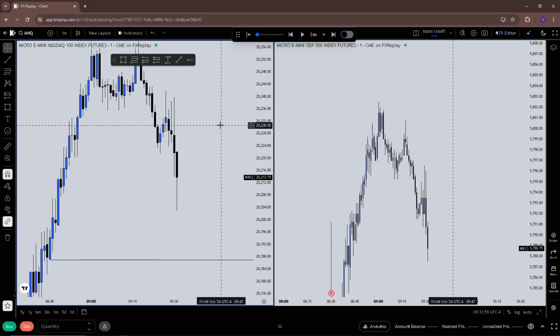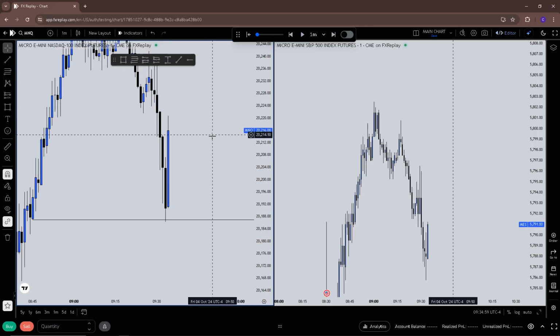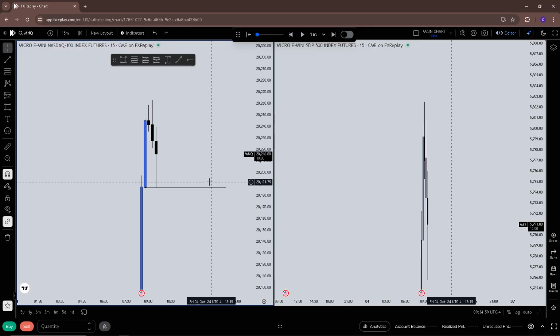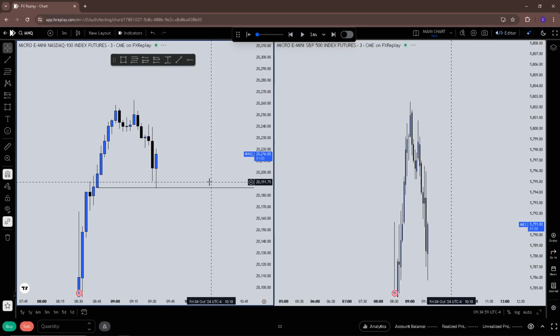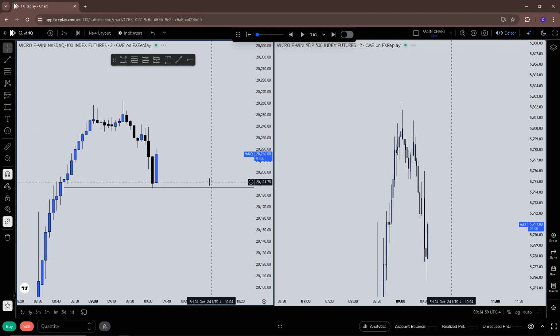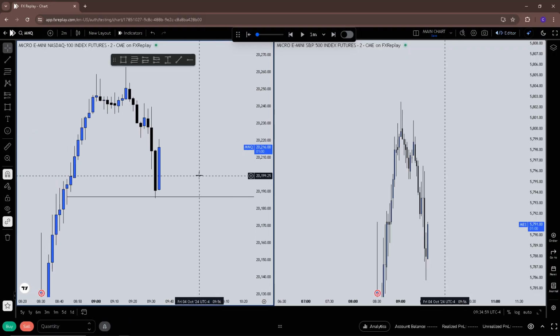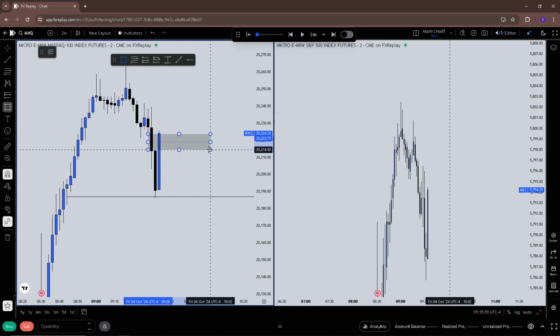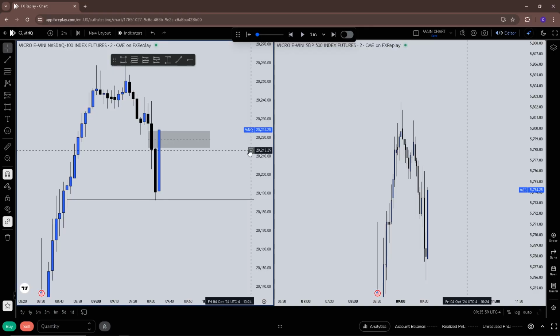Yeah, see, it's just delivering lower off open. Now we delivered into this unfilled 15-minute. We get this inverse.